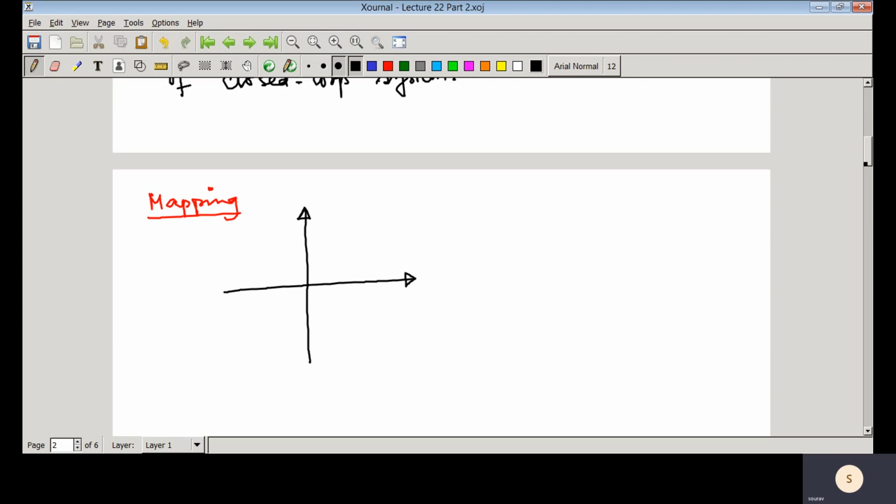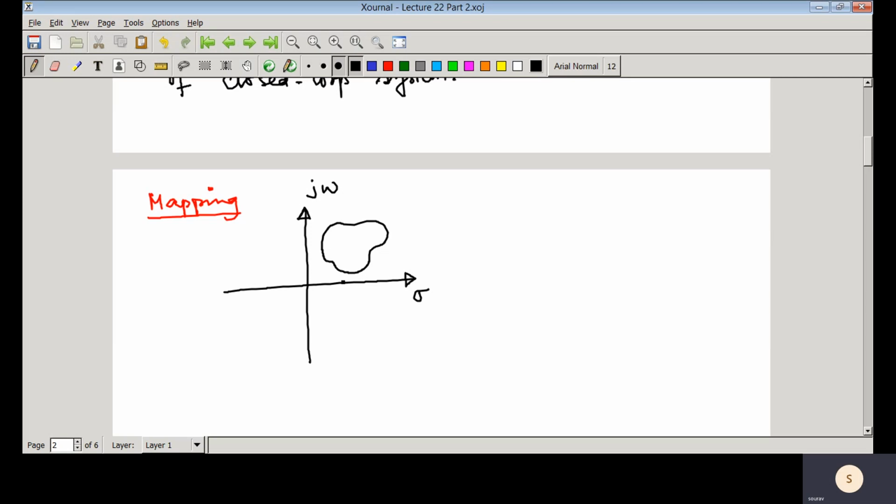I will just give you the principle of argument, based on which the Nyquist stability criterion is established. This is a complex plane, with sigma and j omega. Suppose this is a contour. You all know what a contour is: a continuous closed line.